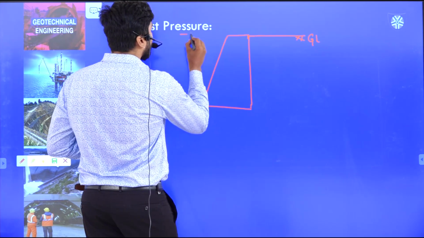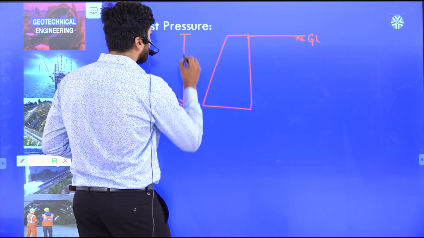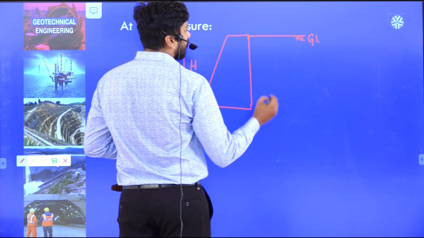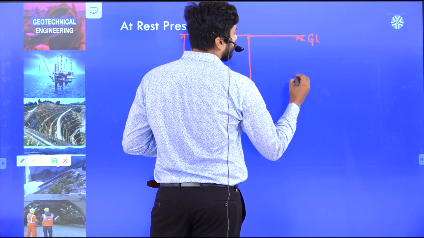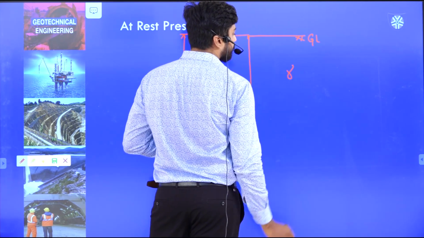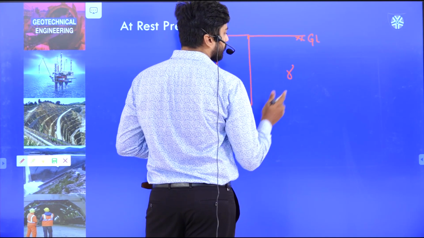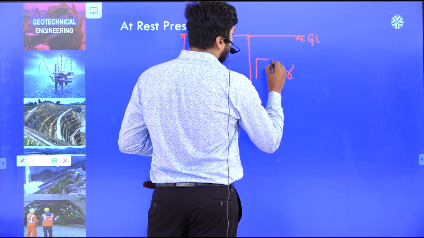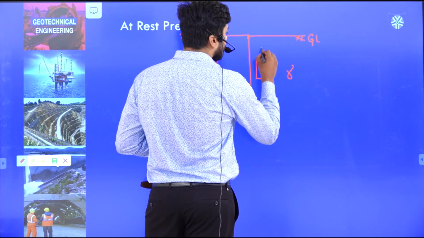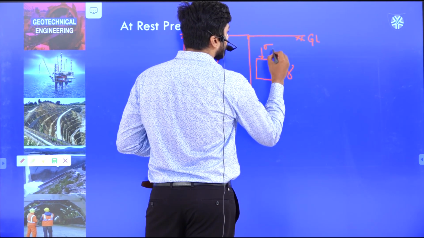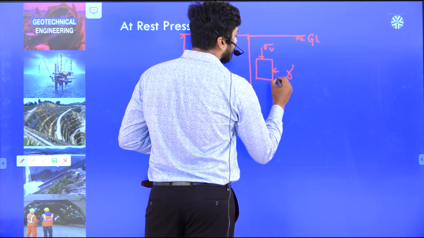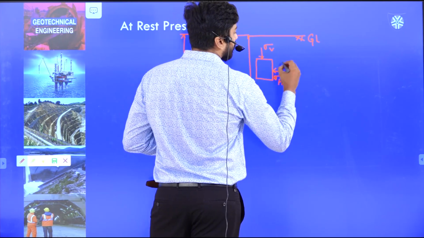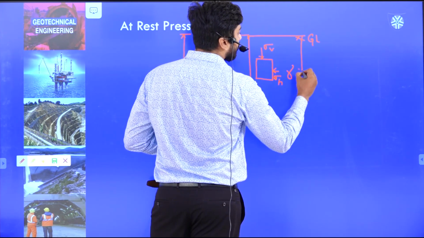Let the height of the embankment be capital H, and let the soil have a unit weight of gamma, just for the time being. Let us consider a small element for our analysis, and let this be sigma v and this be sigma h, at a depth of z.